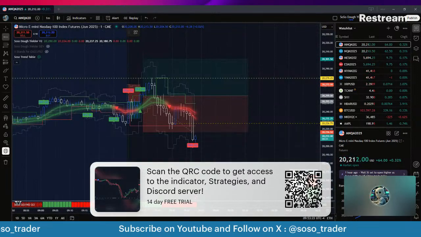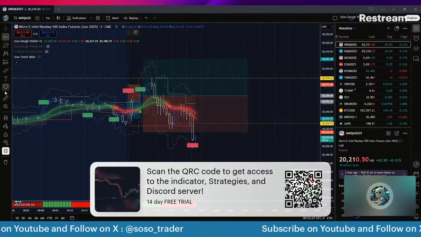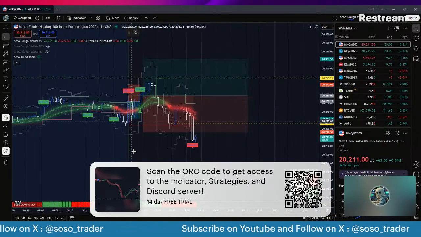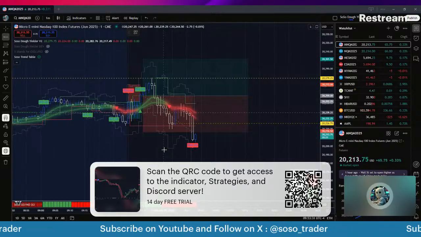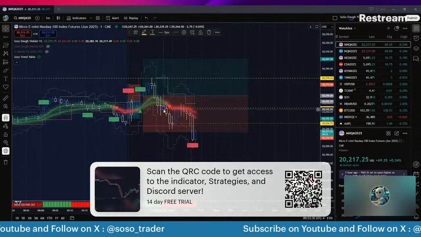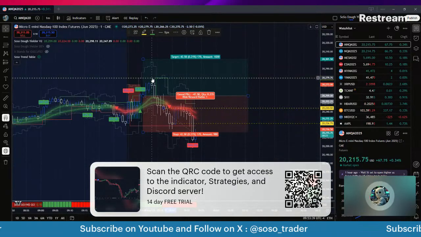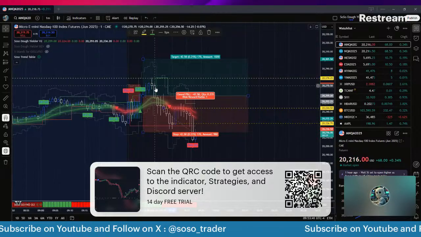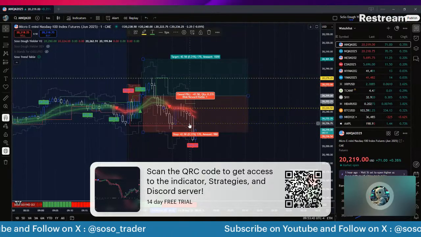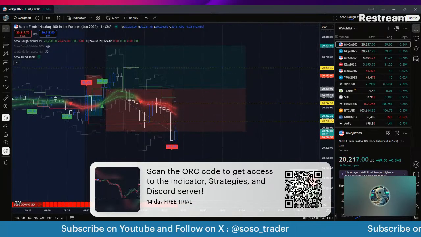So there's something else. I don't know if you've noticed the yellow lines that I'm marking out. You can see that these yellow lines have given reactions just so far today.